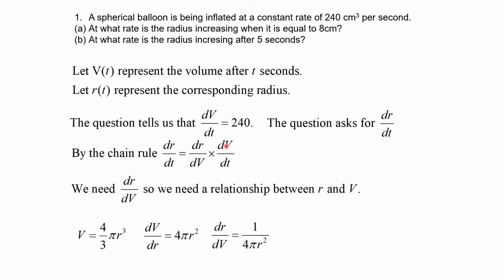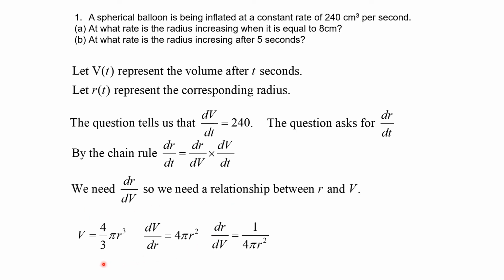Multiply by dV/dt, because you're already given dV/dt. When you work out the chain rule, you depend on the information provided by the particular question. So here, dr/dt equals dr/dV multiplied by dV/dt. Cross out the dV, and your resultant will be dr/dt.